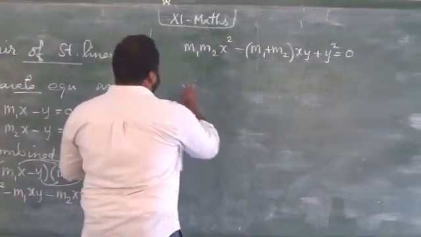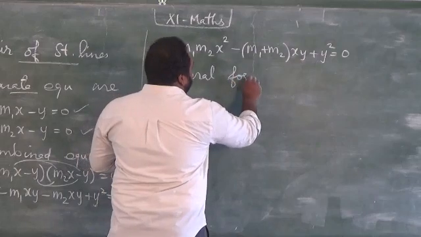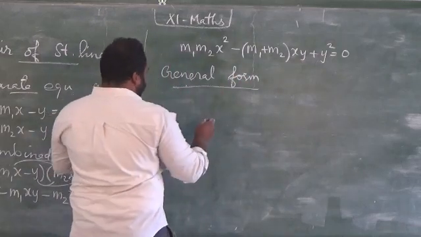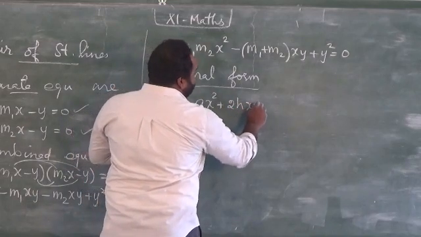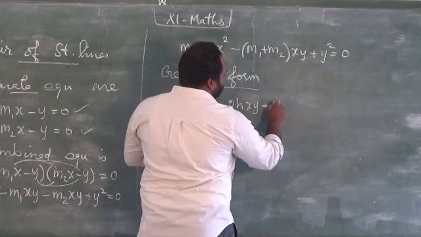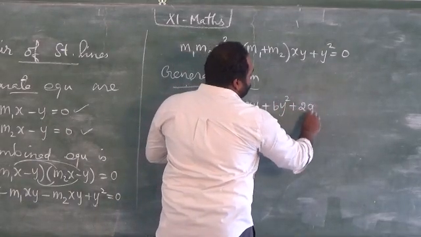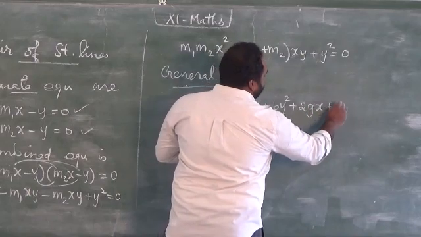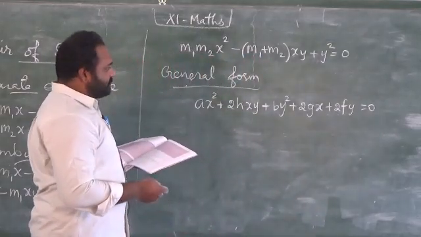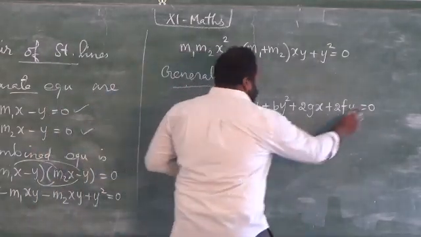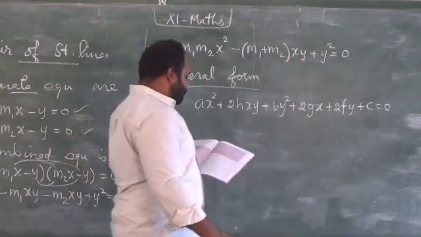So the general form of a pair of straight lines is ax square plus 2h xy plus by square plus 2g x plus 2f y plus c equal to 0.